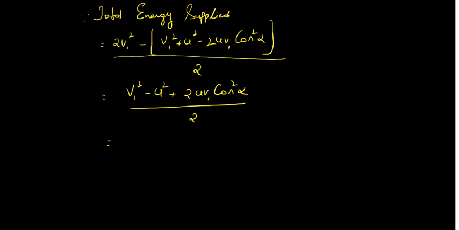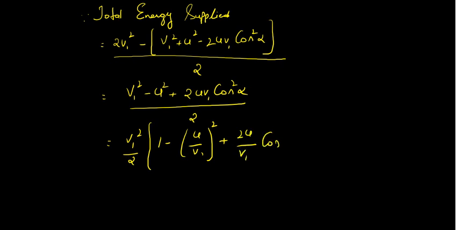Take V1 square by 2 common. The first term becomes 1 minus (U by V1) whole square plus 2U by V1 cos alpha. Further, if I simplify it, it will be V1 square divided by 2 into 1 minus rho square plus 2 rho cos alpha.